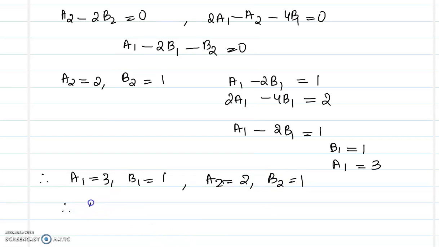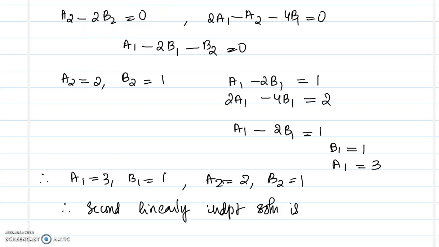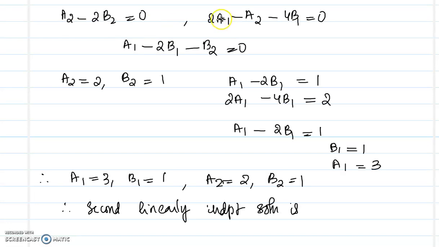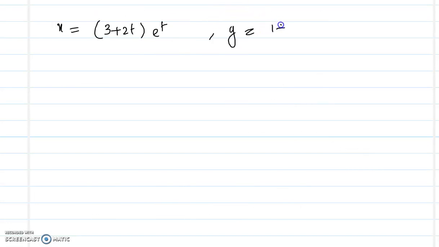So therefore the second linearly independent solution is x equal to, so a1 is 3 and a2 is 2, so (3 + 2t) e^t, and y will be, so b1 and b2 both will be 1, so (1 + t) e^t.